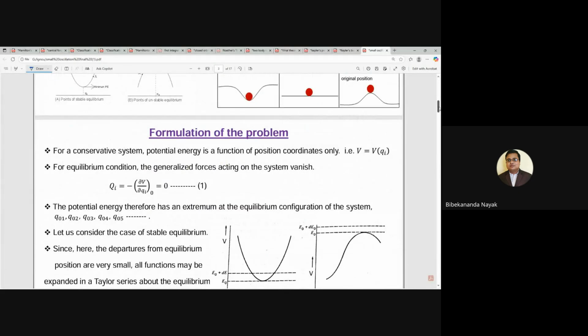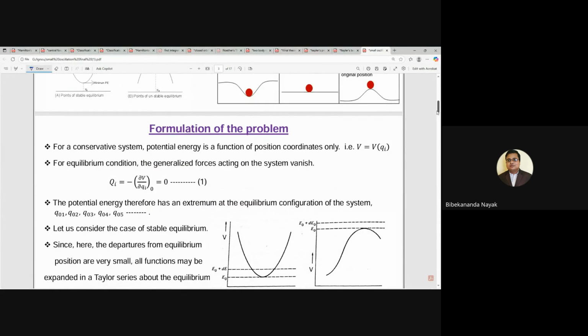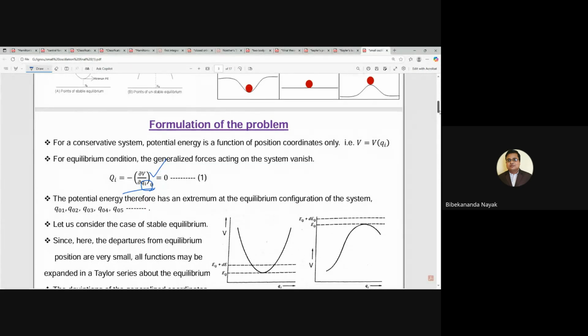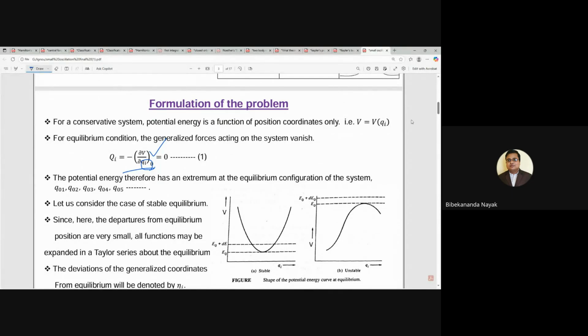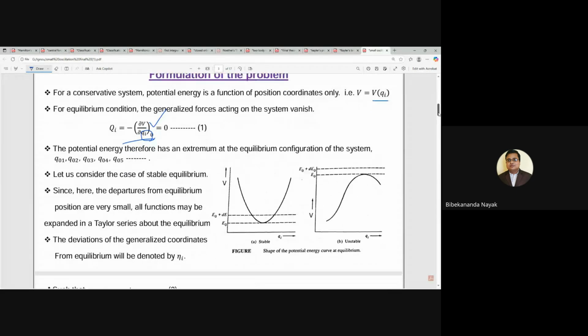So for the formulation of the problem, we know force is the negative gradient of potential. We take Qi as the coordinates, Q0, Q1, Q2, Q3, and potential is only a function of coordinates.